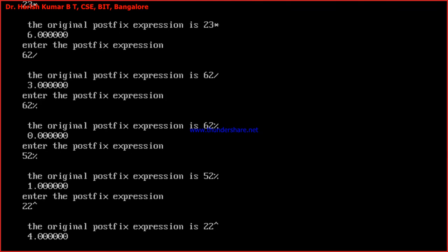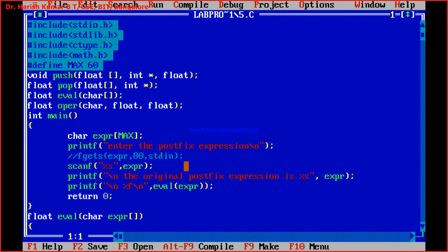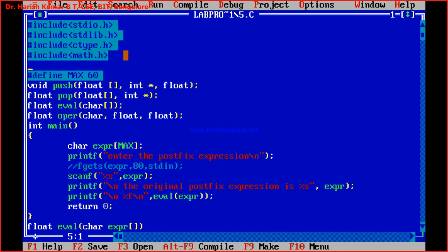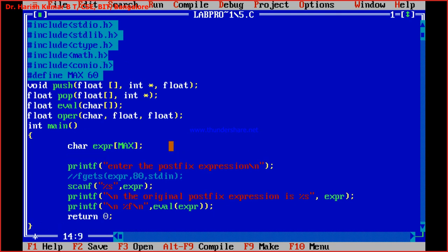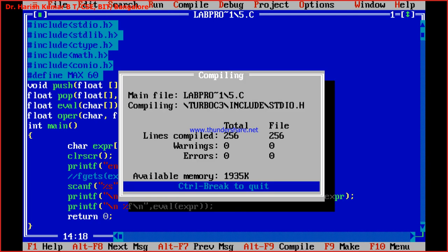Now let me add clear screen. So clear screen. So now I'll compile.